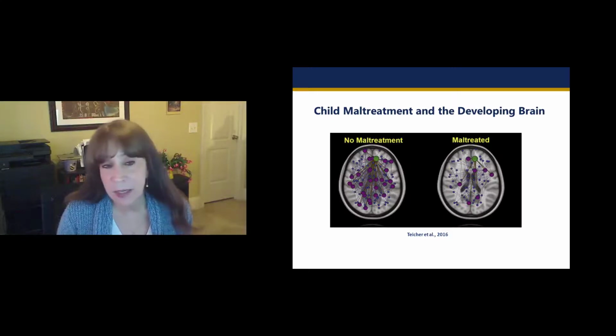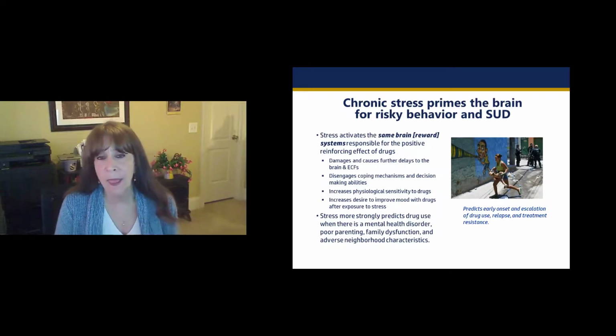And what this means basically is that there's a good amount of top-down control, a lot coming from the prefrontal cortex to tell the rest of the brain what to do. And that's a good thing. But look what happens with children who have been maltreated and how severely scarce the number of nodes are that are connected to one another. So that's just a really graphic example of what can happen.